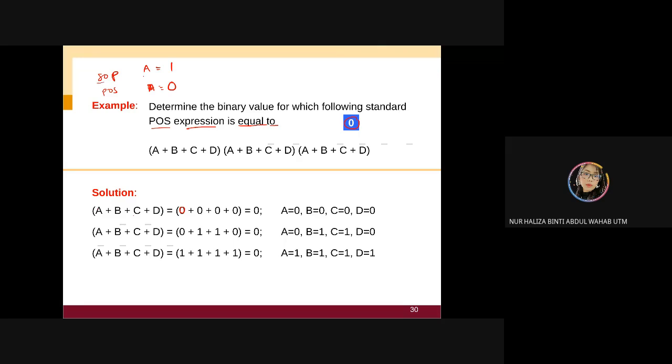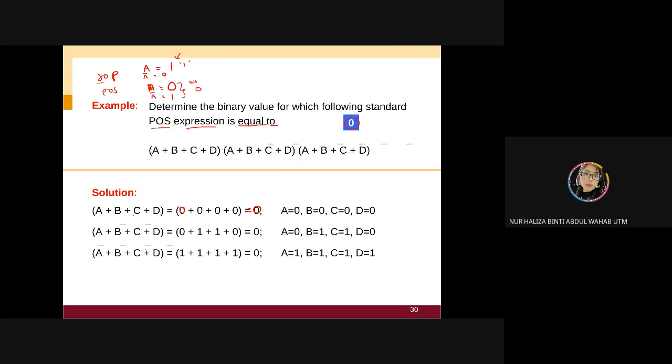For your SOP, your A bar will be 0, for your POS, your A bar will be 1. Now you have 0, 0, 0, 0, you will get a 0. Because we want to look into the output of 0, whereas for your SOP, we look into output of 1. So it's easy for us to draw the truth table.